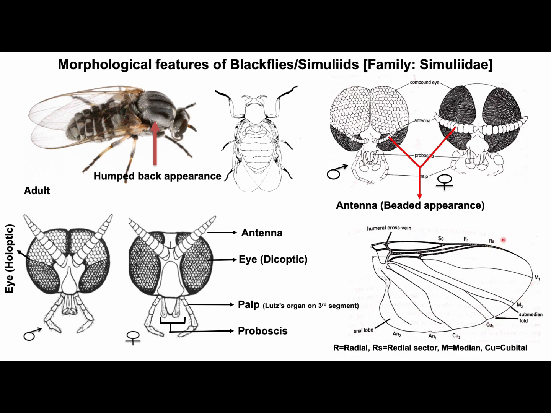The radial sector is unbranched or has 2 branches depending on species. One of the important characteristic features of the wings of blackflies is the presence of a forked submedian fold, which is located between medial vein 2 and cubital vein 1.